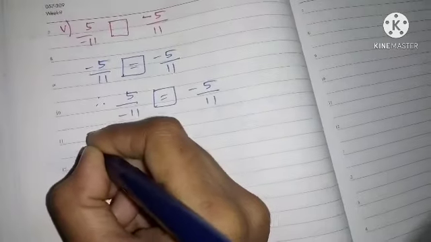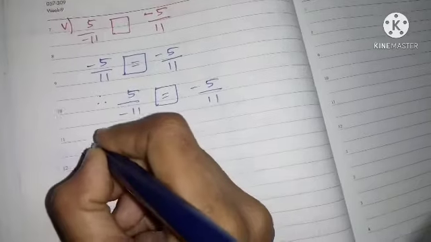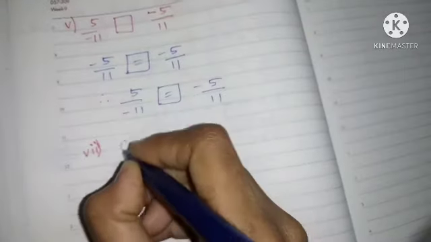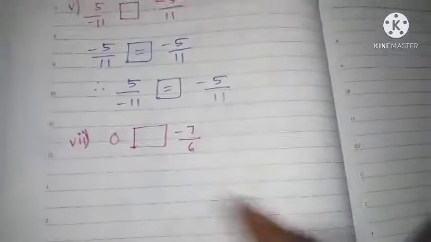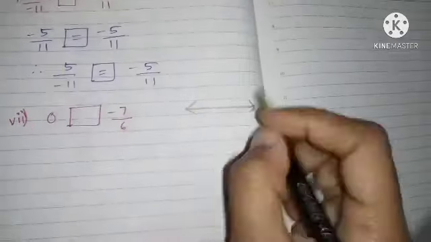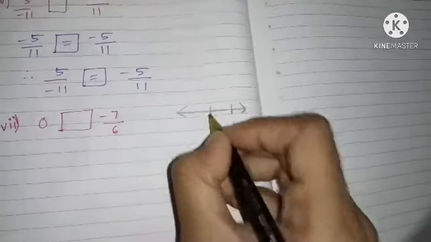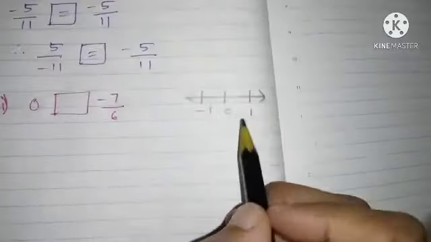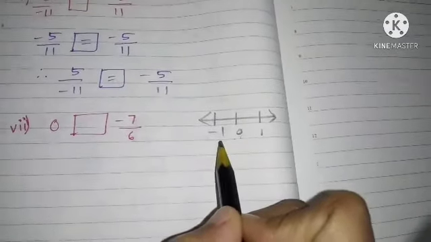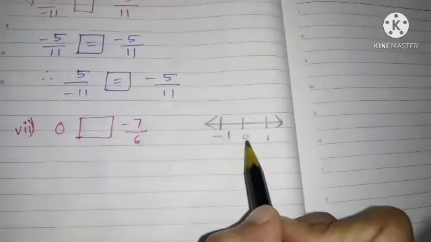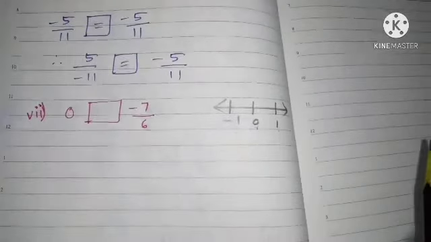Next is your seventh problem. 0, box, minus 7 by 6. See, when I draw a number line, here positive 1, here 0, here negative 1. Obviously 1 is greater than 0 and 0 is greater than minus 1. So 0 is always greater than negative numbers.